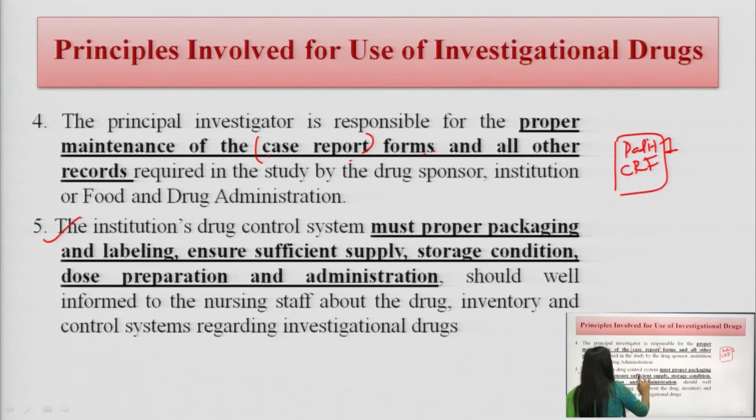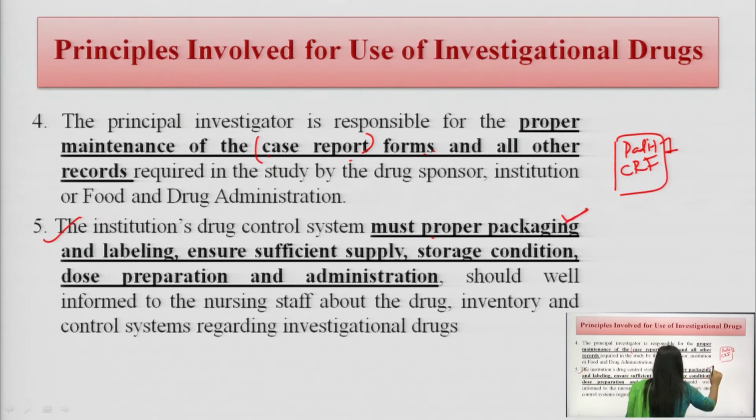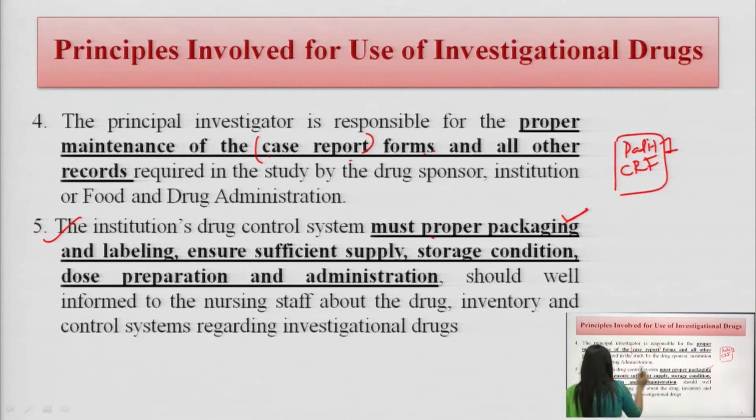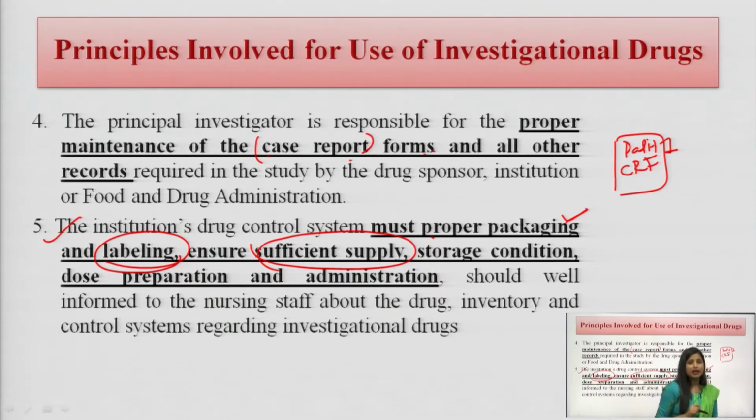Another, the institute's drug control system must provide proper packaging, because it is a new drug, so packaging is important. How they are maintaining, how they are doing the packaging and labeling of the investigational drug; sufficient supply should be there, because it is a part of the clinical trial and it is not very easy to do.